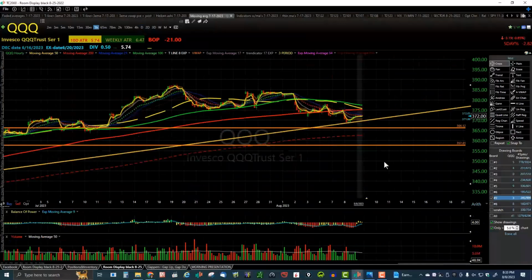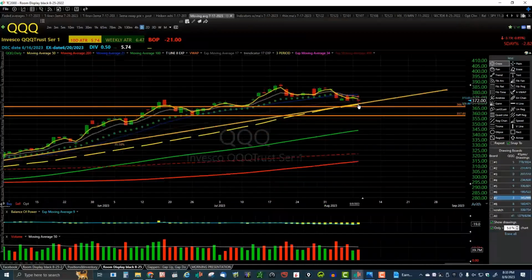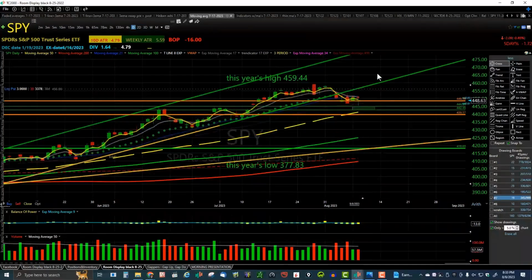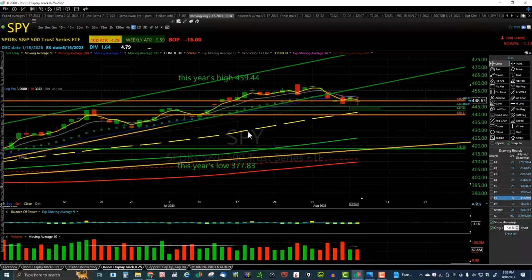We'll pull it up on the daily, and you can see we're getting ever so close. I mean, that's really kind of a touch right there on the Qs with the 50 SMA. Now, if we look at the SPY, I actually see the SPY coming down here. SPY also could have a date with a rising 50 for the first time. So we'll see what happens. And we've got a little gap fill to happen right there.